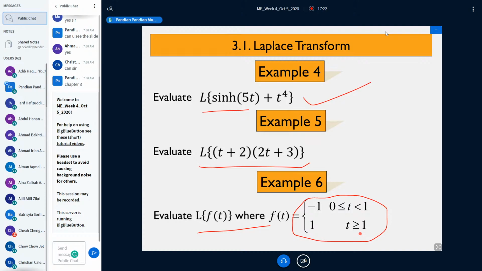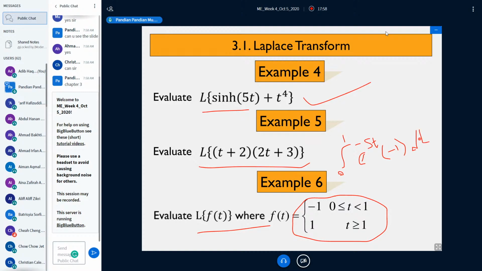In this case, you have to do it separately. You write down the first integral from 0 to 1 of e power minus st, multiplied by minus 1, integrated with respect to t.